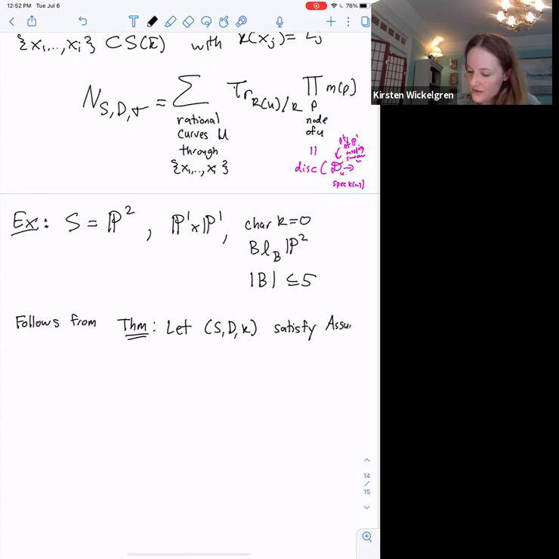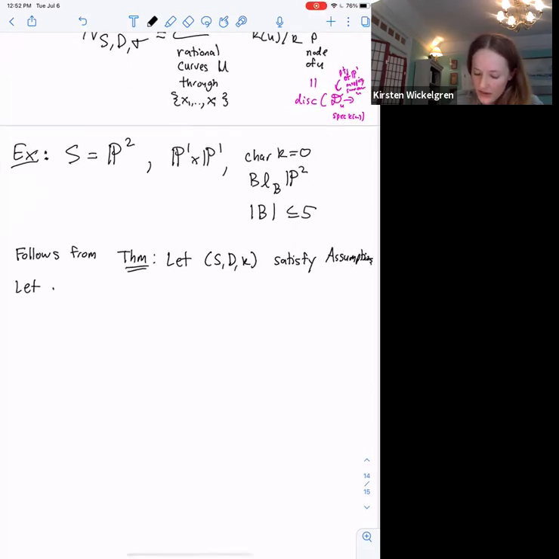So let S, D, K satisfy the assumptions, but we're dropping connectedness. We'll let this group of the field extensions of the points that we're interpolating our curve through be as before.